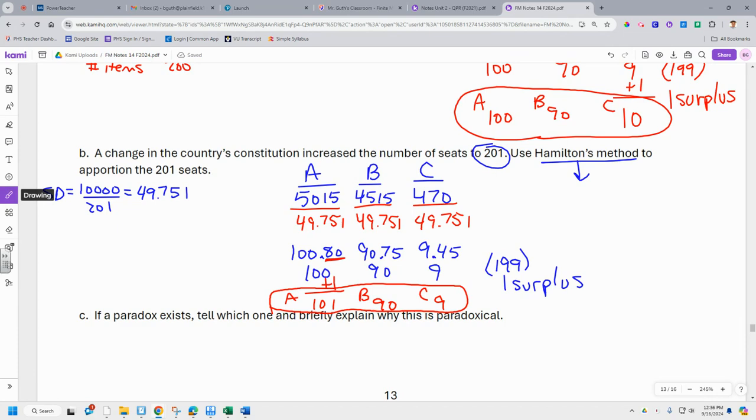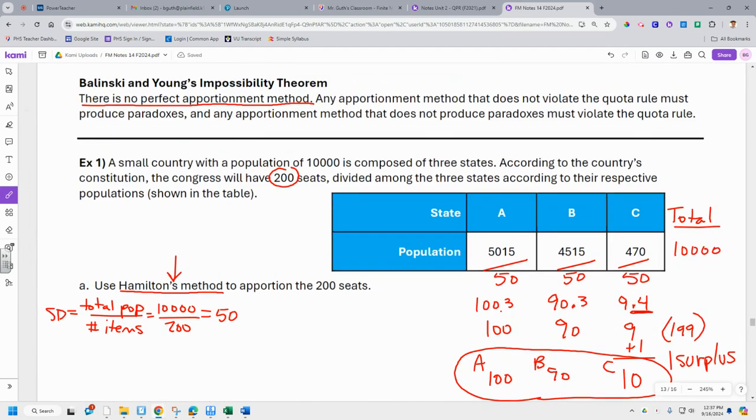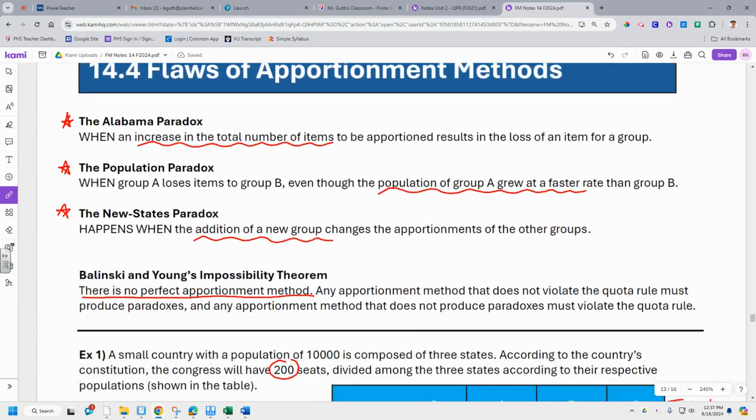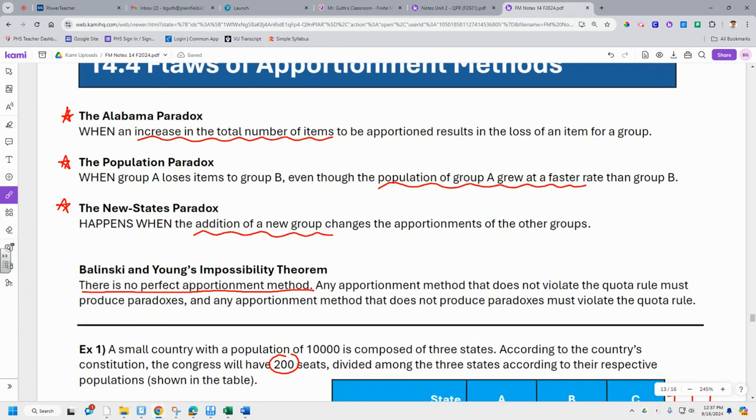Part C says, if a paradox exists, tell which one and briefly explain why this is paradoxical. So go back to the definitions. This is the one that talks about an increase in the total number of items. So the Alabama paradox, that's what I think it is, occurs when an increase in the total number of items to be apportioned results in the loss of an item for a group. So we need to check and see if that happens.